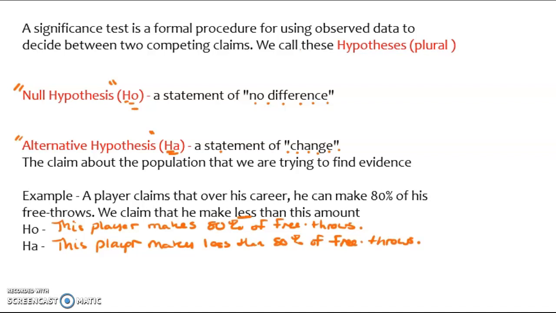So the first hypothesis, the H0, will always be the original, and the second one, the Ha, the alternative hypothesis, will always be the statement of change.